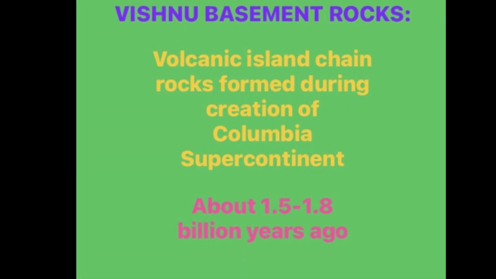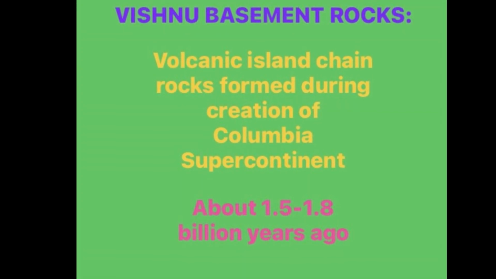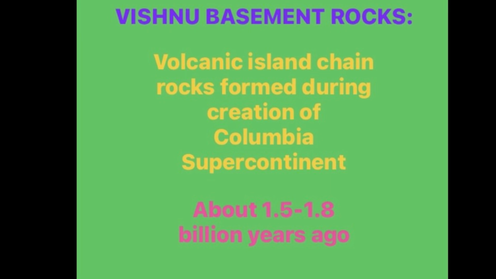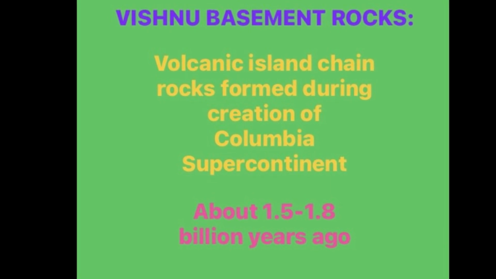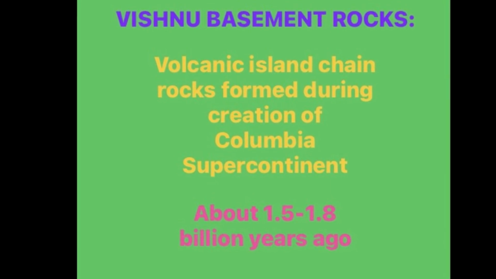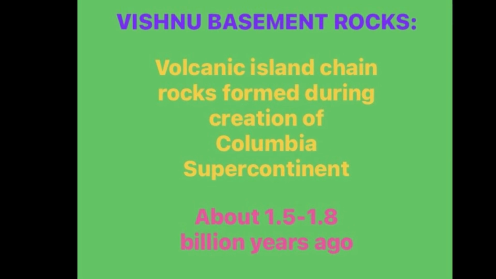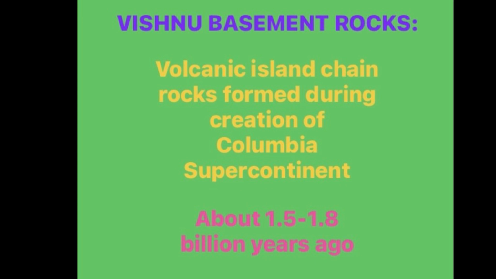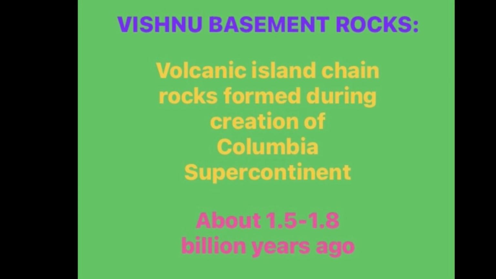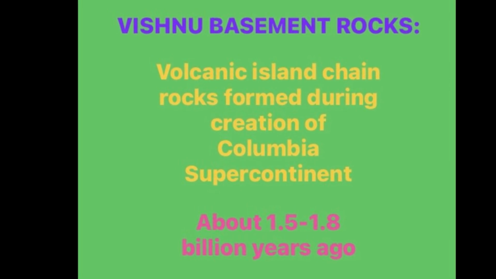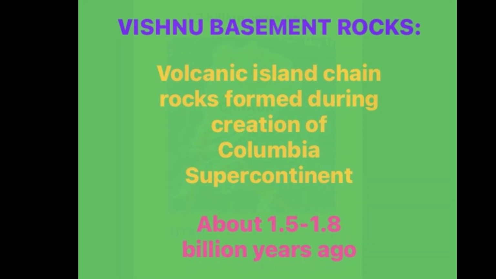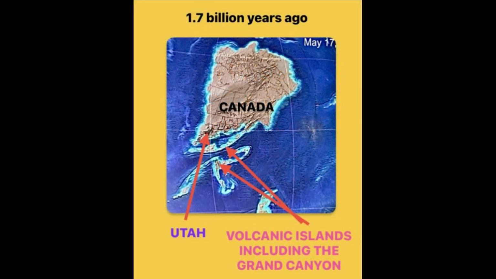These Vishnu basement rocks are very ancient. They began forming about 1.8 billion years ago, when subduction caused an ancient volcanic island arc to crash into a small continent, as the supercontinent Columbia was forming. Columbia was right before Rodinia. Here's what that probably looked like.